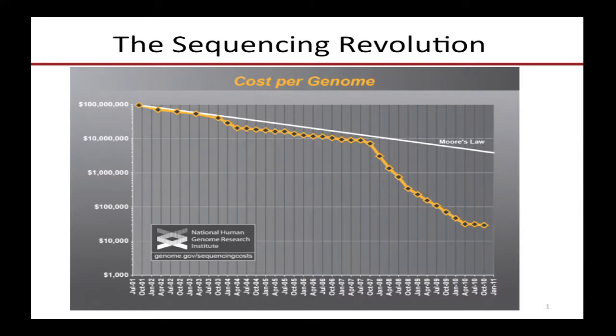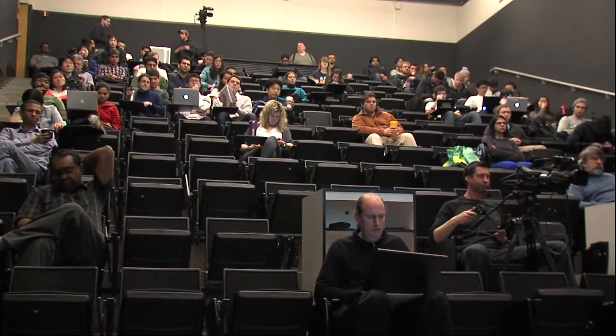So this was in 2011. Now it's $1,000 in 2014. So it's a tremendous revolution. And what this has engendered is not only the ability to cheaply sequence genomes, but also a variety of other biological problems can now be translated into sequencing problems.